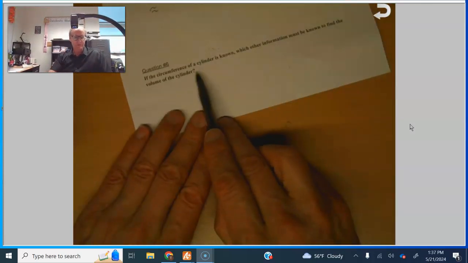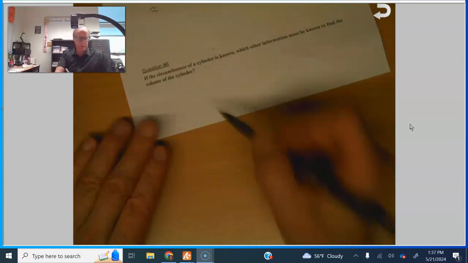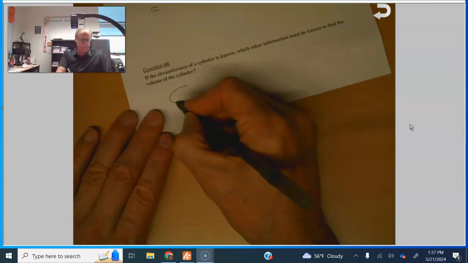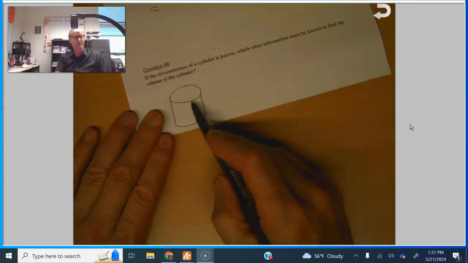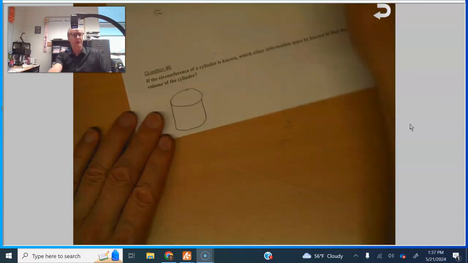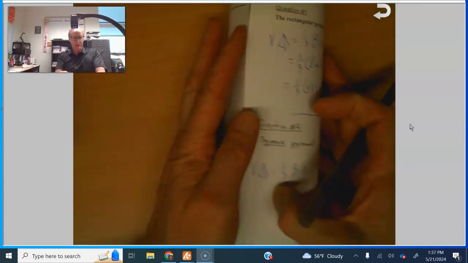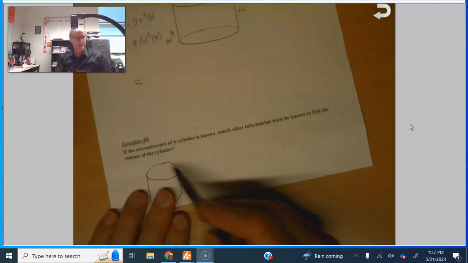All right. If the circumference of a cylinder is known, how far around the cylinder? Hopefully this brings back memories of when we put the two cylinders, one of them from the paper going this direction, and then the other cylinder going the paper this direction. They have different circumferences.